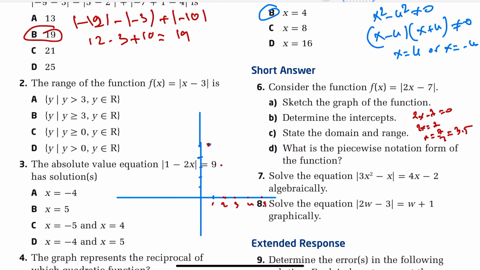So 3.5 is here. And so I will just draw this like this. And because it is an absolute value, it will just go up the same position. So this is my graph of this function.